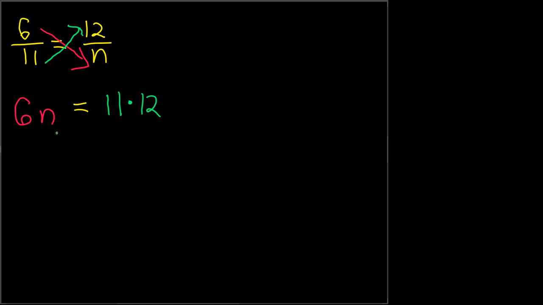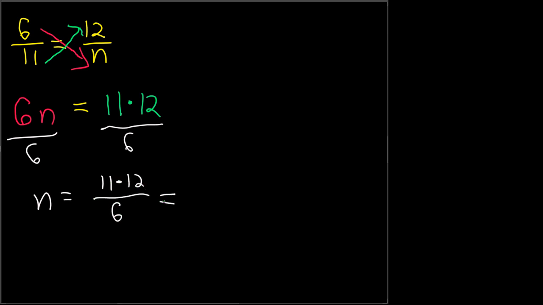I'll divide both sides by 6. And so I get n equals 11 times 12 divided by 6, which a calculator could work through. I'm going to cancel these two out. I'm going to get 11 times 2 equals 22. But again, when you get this, you can go right to your calculator. Just remember your order of operations.